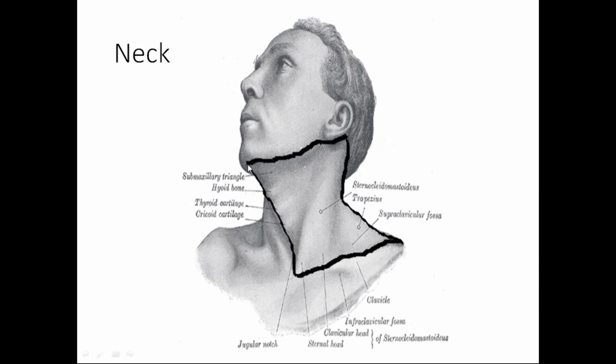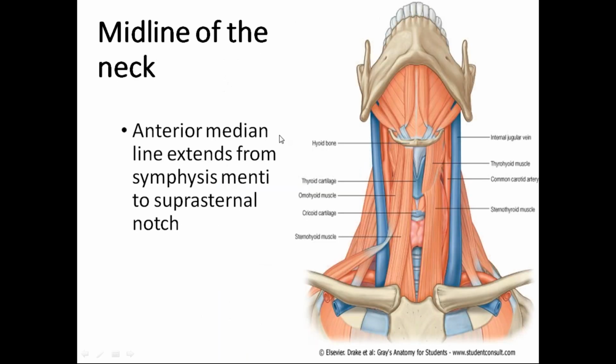So anteriorly in the midline, the line will extend from the symphysis menti to the suprasternal notch. Okay, so these are the boundaries of the neck. Now the midline of the neck, we will study by dividing it into two parts.